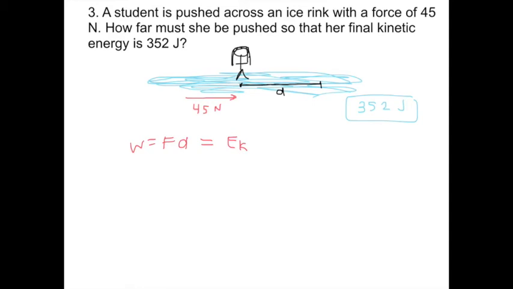So now let's plug in some values we have. We know the force, that's 45 newtons. We're looking for the distance, or how far she must be pushed. And that will be equal to kinetic energy, which we've been told is 352 joules. Now we can divide both sides by 45. We get that the distance she has to travel is 7.8 meters across the ice rink.